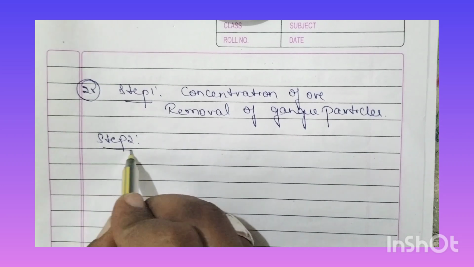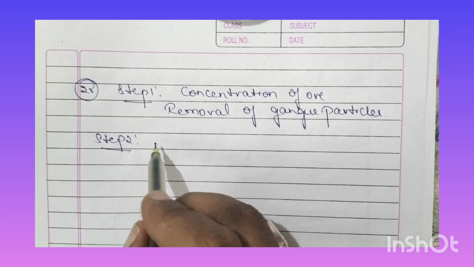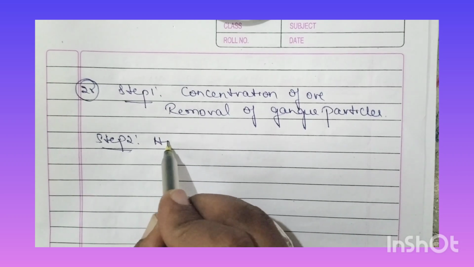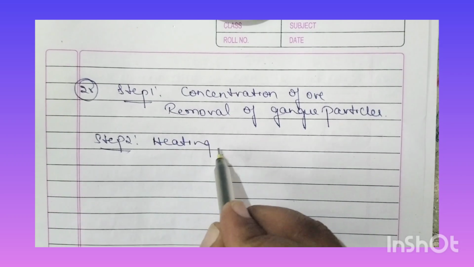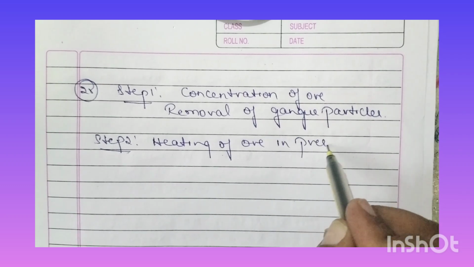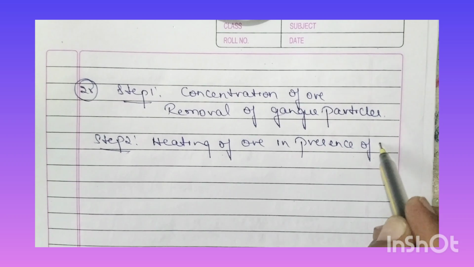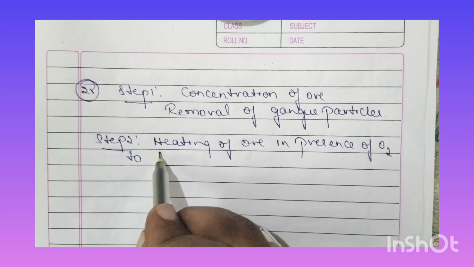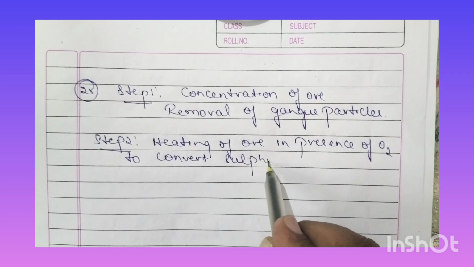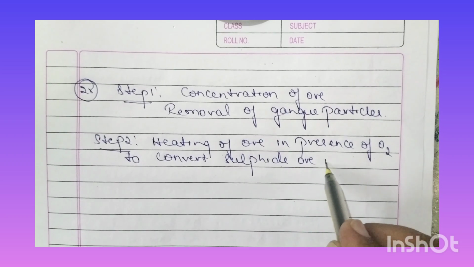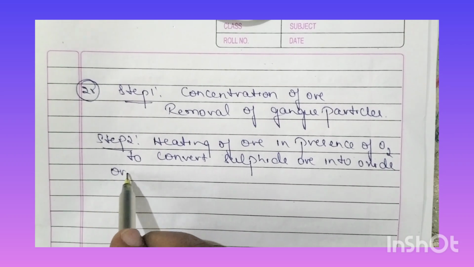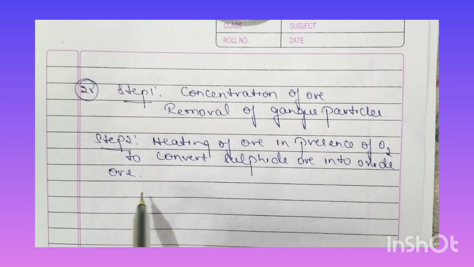Then step number 2, heating of ore in presence of oxygen to convert sulfide ore into oxide ore. That is, we have to go for roasting.